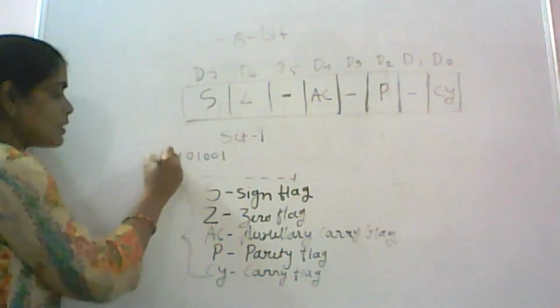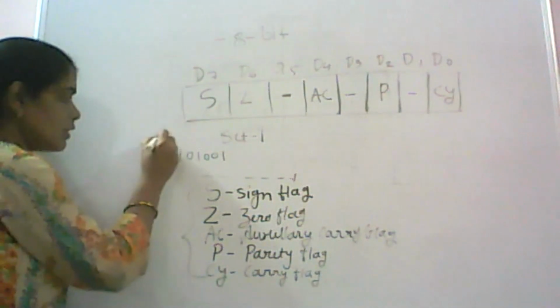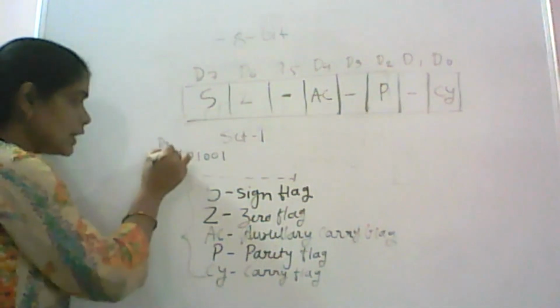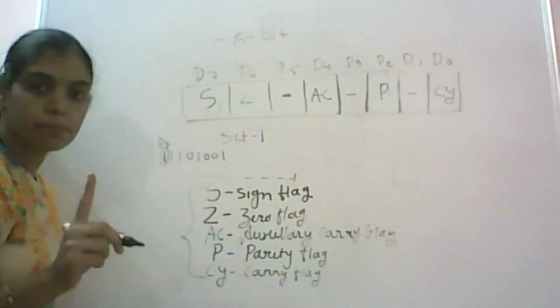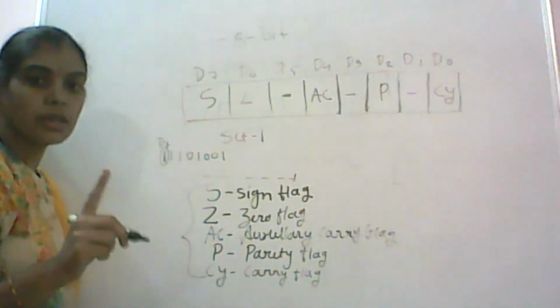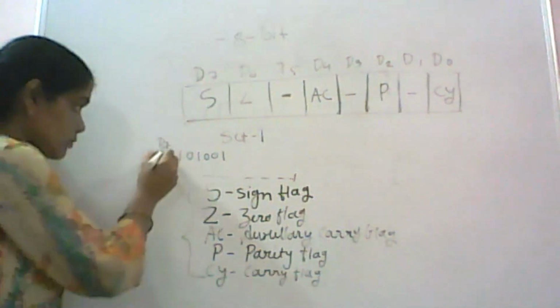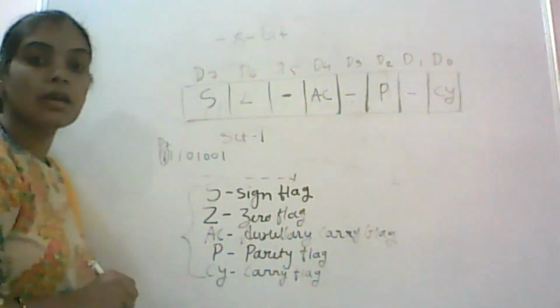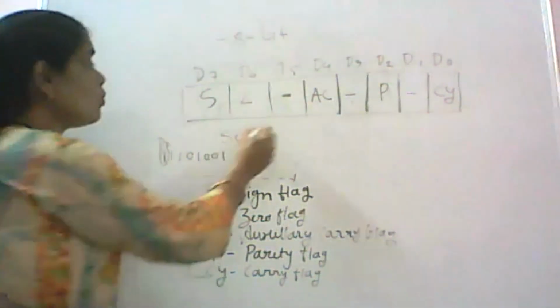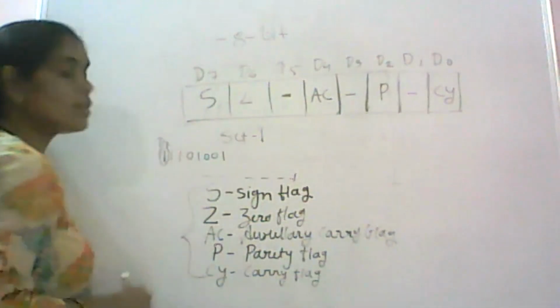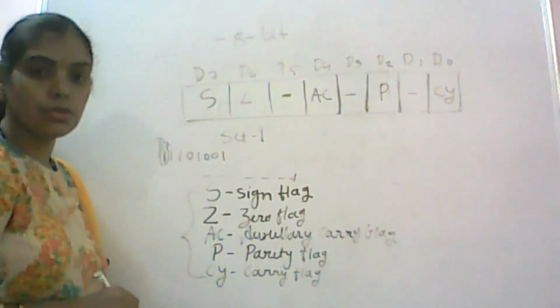So this is the MSB bit, that is the D7 bit. If this D7 bit is 1, that is, D7 of the result in the accumulator is 1, that time sign flag is set to 1. Otherwise sign flag is set to 0.